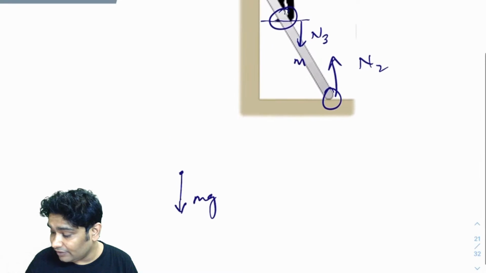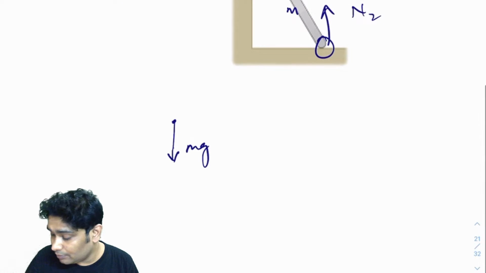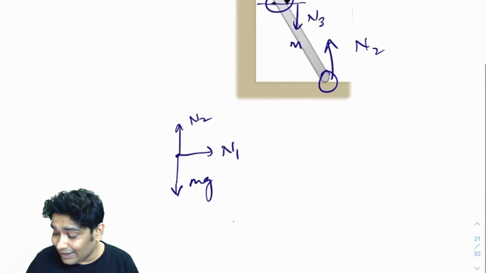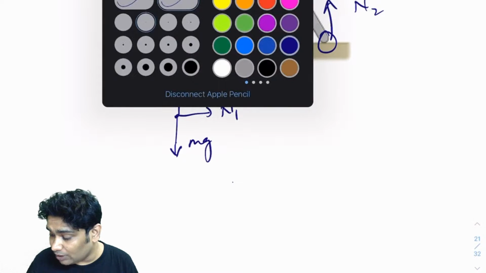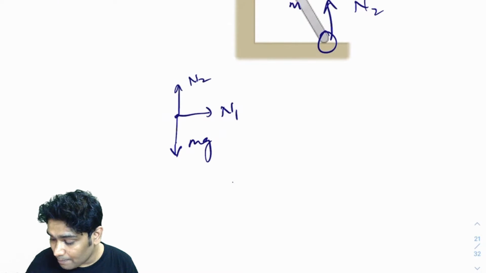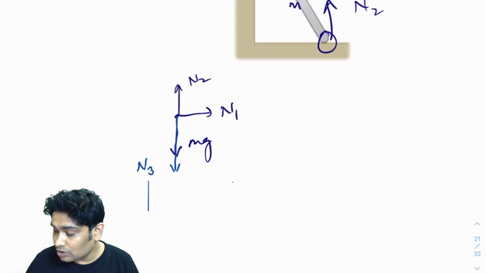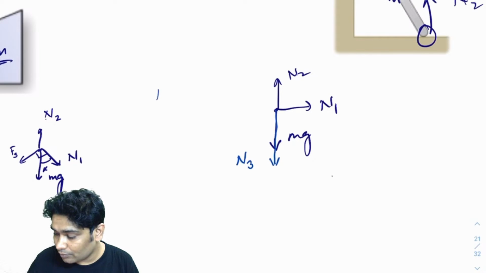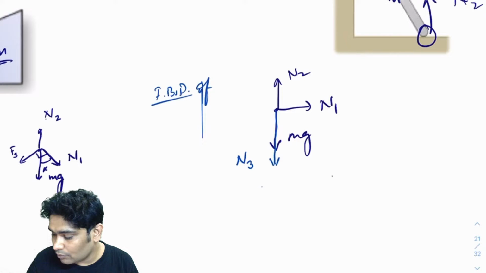Then it would have N1 acting here. It would have N2 acting here. And then it will also have another normal reaction due to the man. So you will have another one here which is N3. So this is what the FBD of ladder would look like. So this is FBD of ladder.